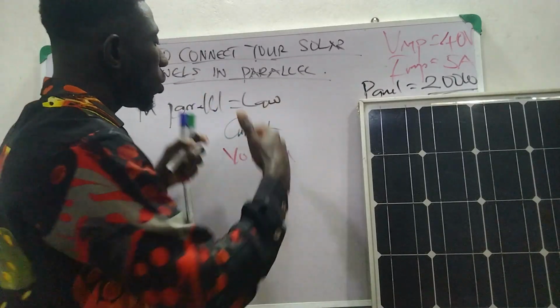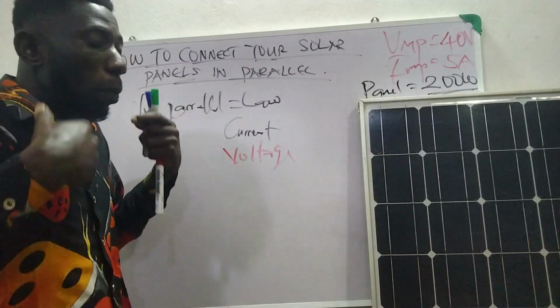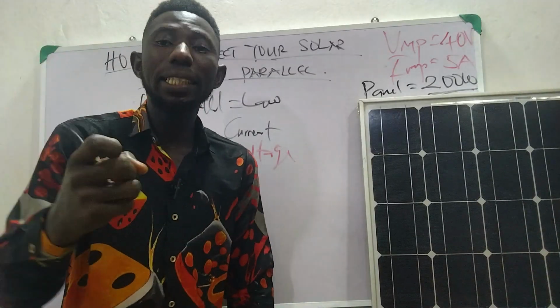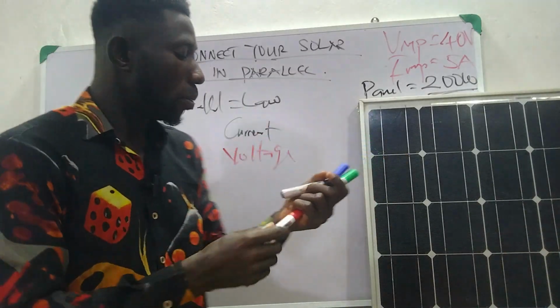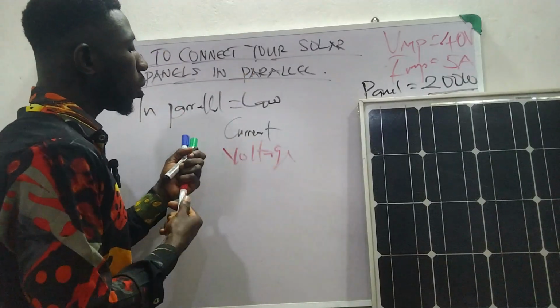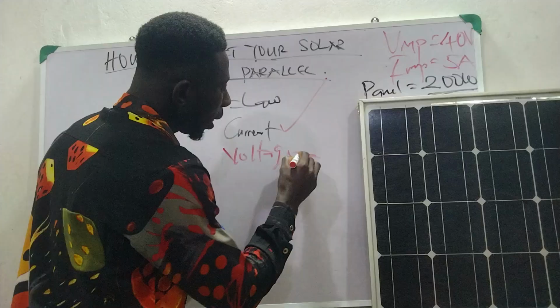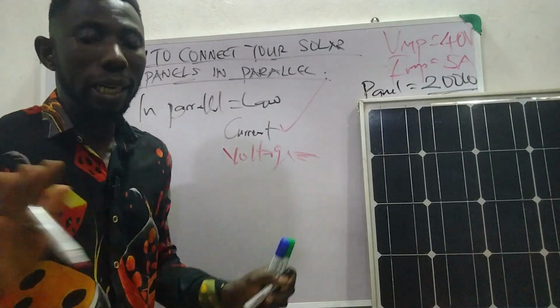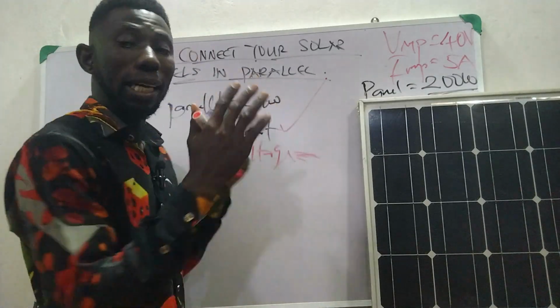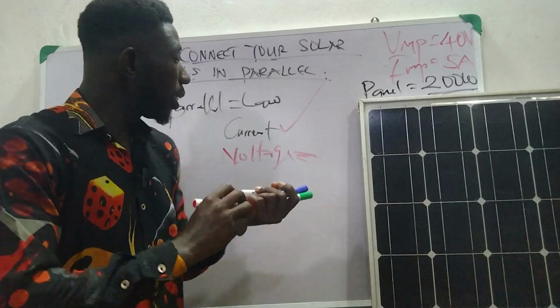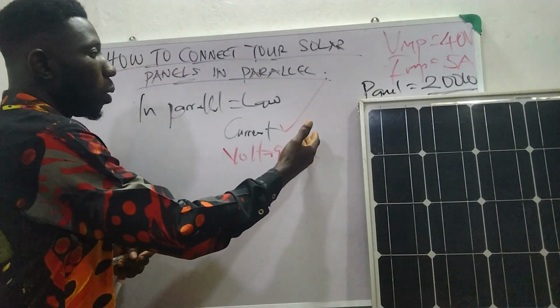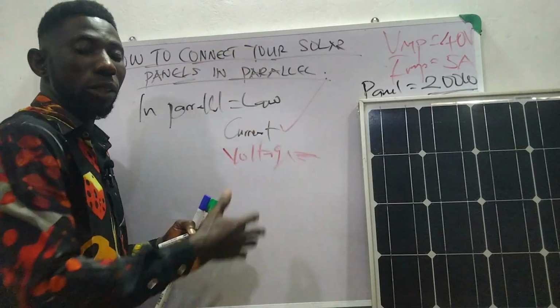The law says when you do a parallel connection, what increases is your current and your voltage remains the same. Nothing changed, it's only your current that changed. Voltage is constant.